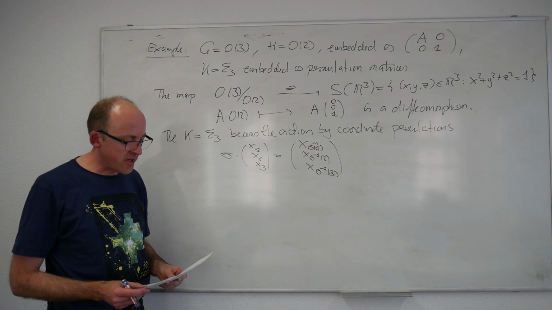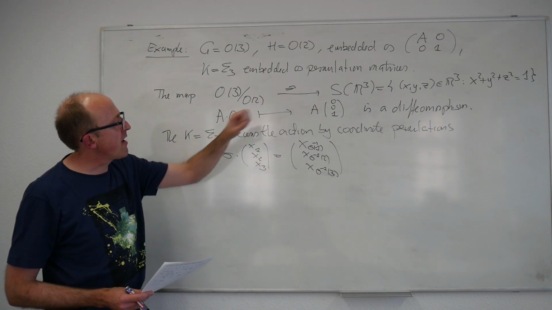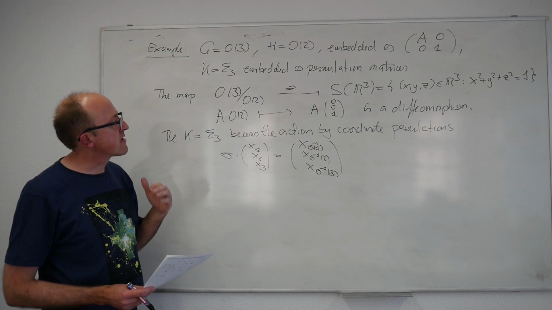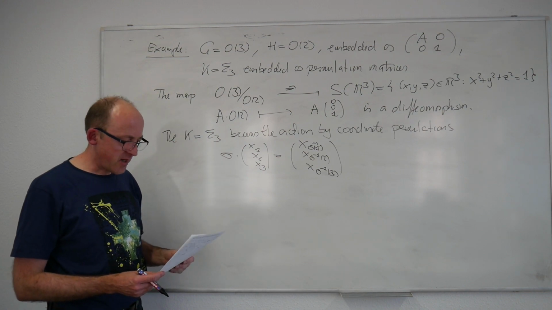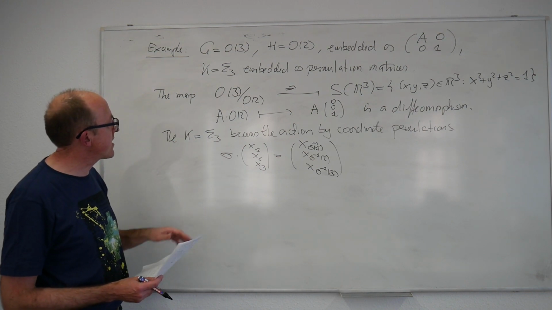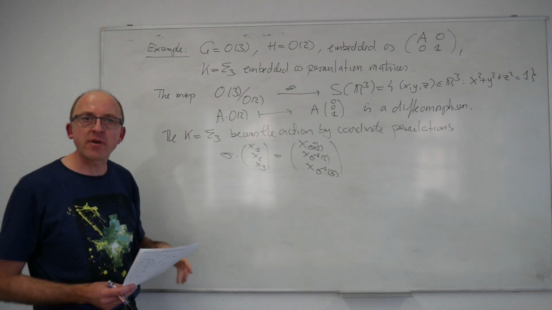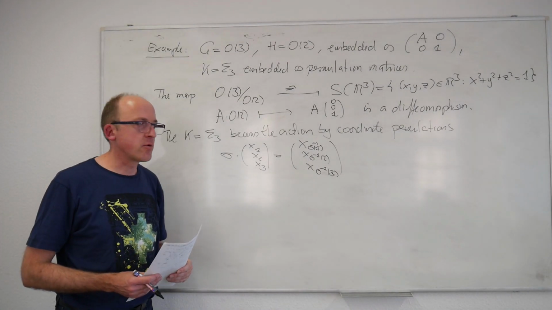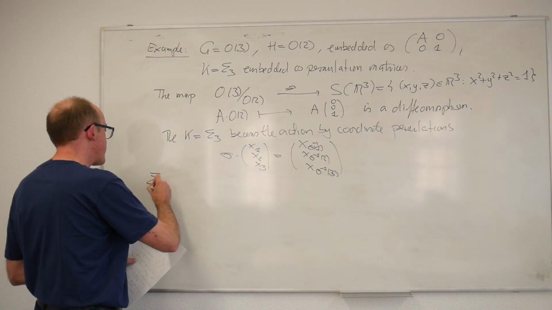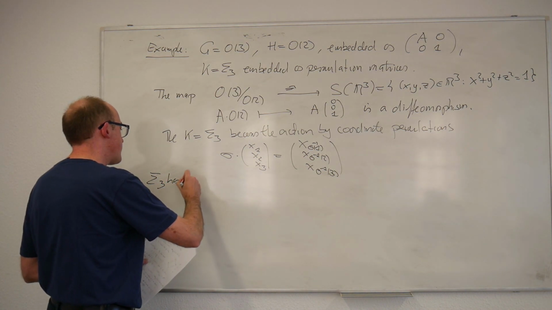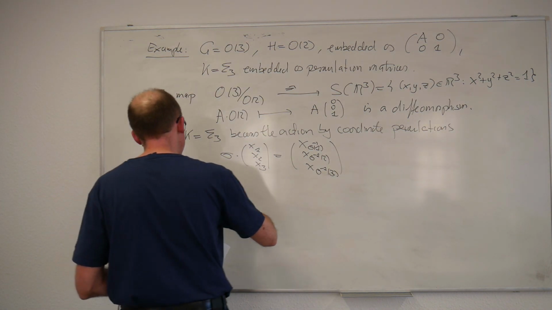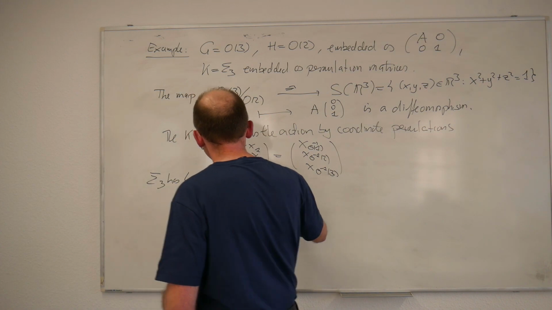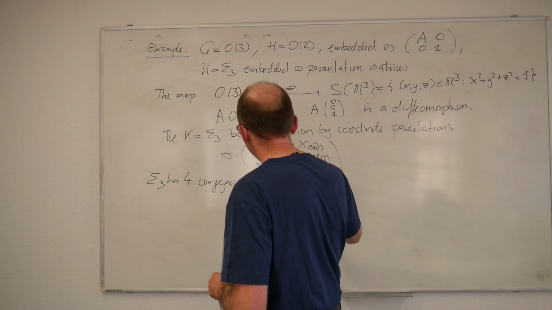Okay, so now we can picture this, and now we have to understand what these orbit-type manifolds are. So we have to look at the conjugacy classes of subgroups in K, which is sigma 3. So what kind of subgroups does sigma 3 have? It has 4 conjugacy classes of subgroups.